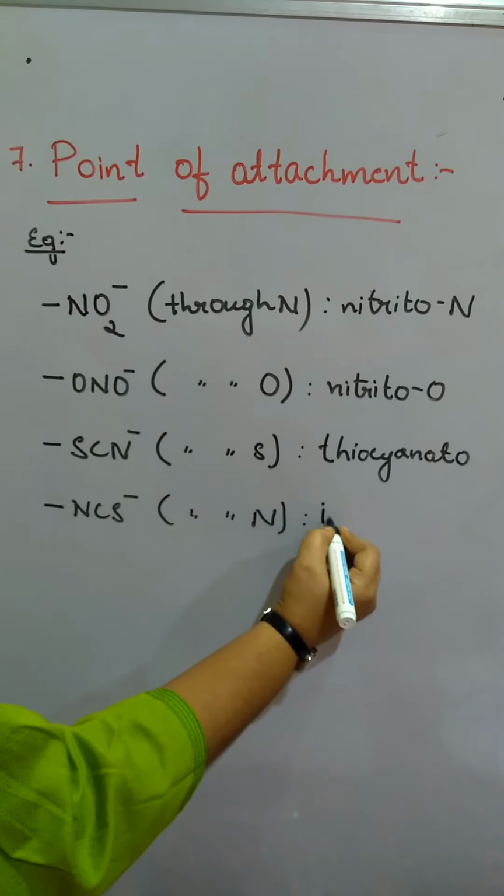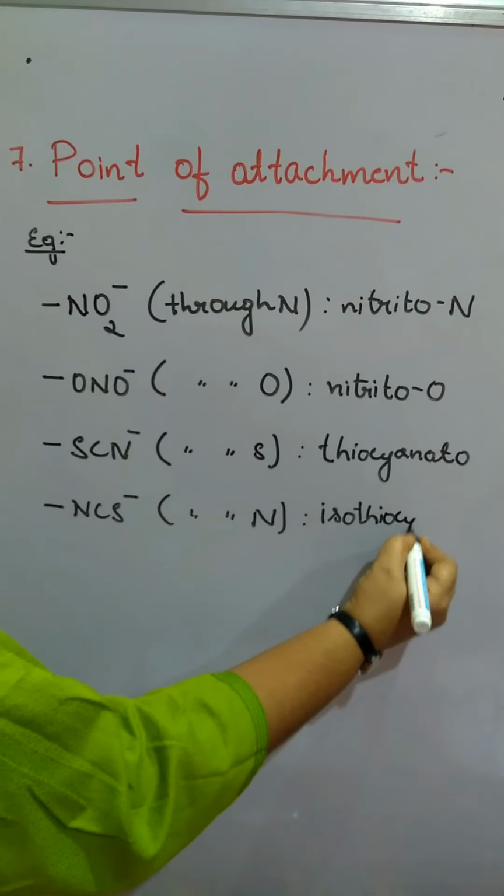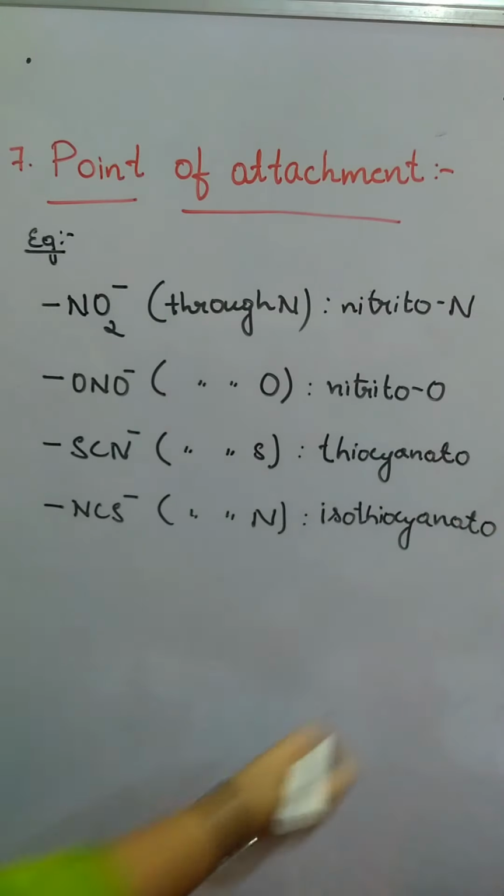So it is isothiocyanito. Likewise, we have a few more examples. Those things we have already discussed while naming the ligands also. So we'll move on to the next one.